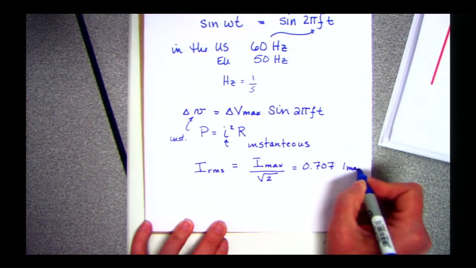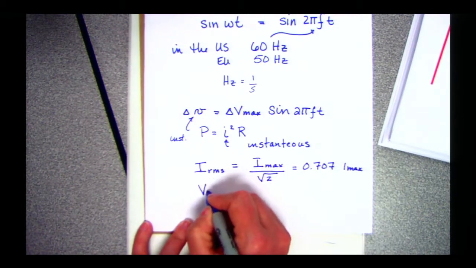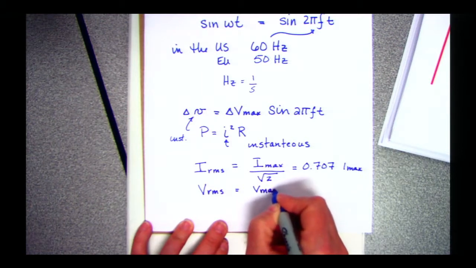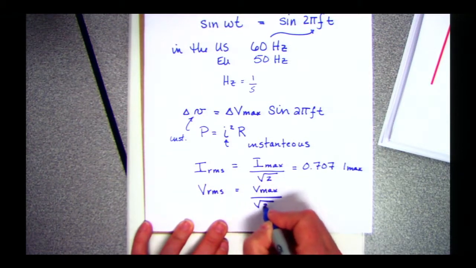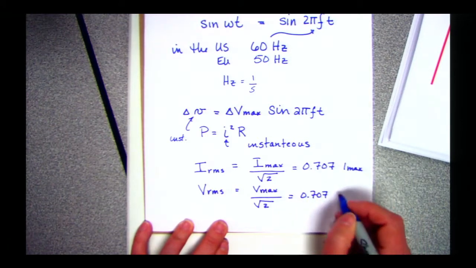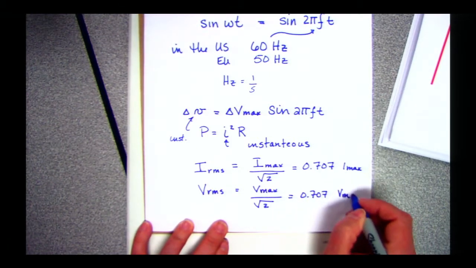I max. My root mean square of the voltage is going to do the same thing, max divided by the square root of 2 is going to give me my 0.707 voltage max.